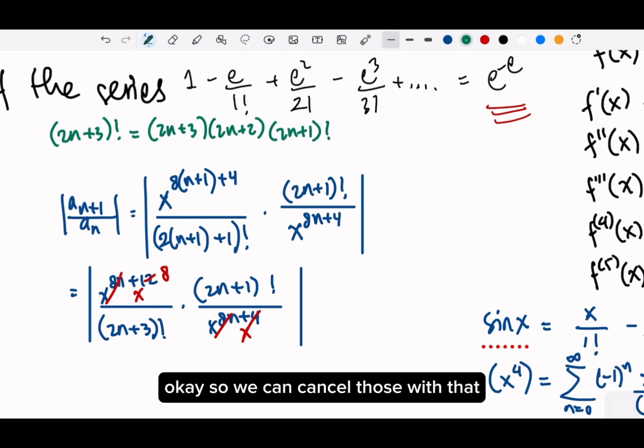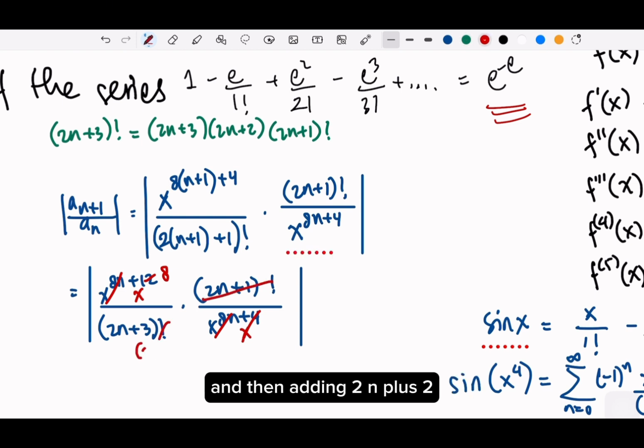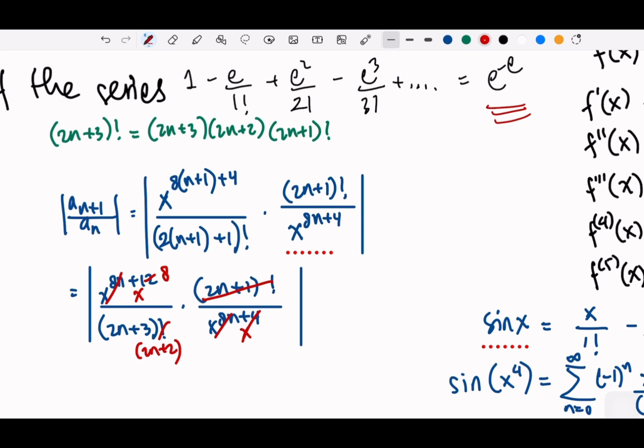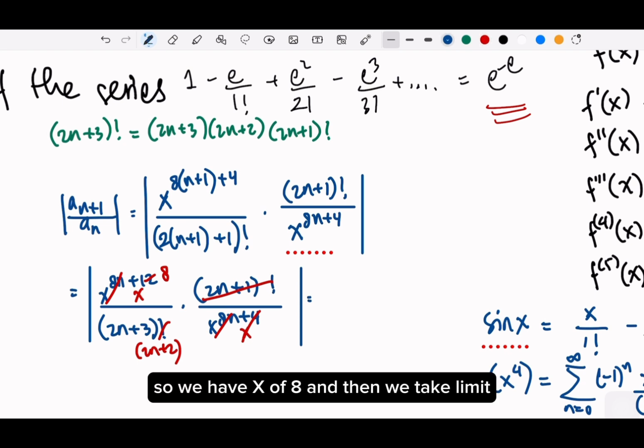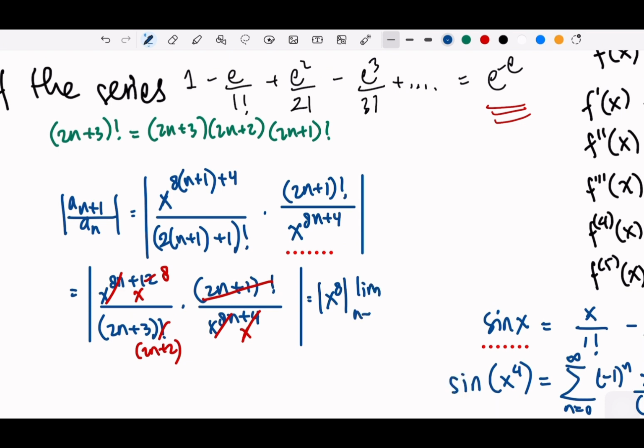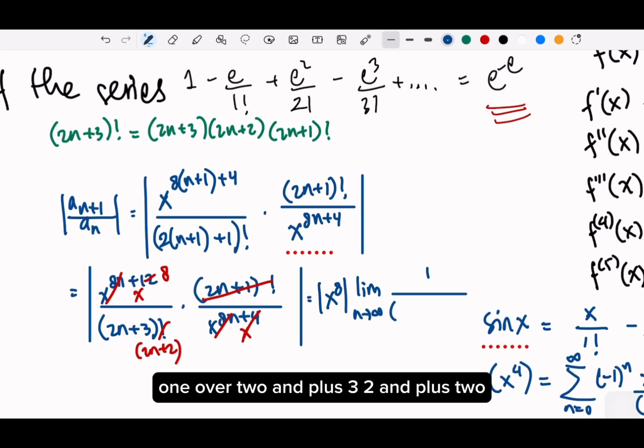So we can cancel those, leaving 2n plus 3 and 2n plus 2. So we have x to the power 8, and then we take the limit of 1 over 2n plus 3 times 2n plus 2.